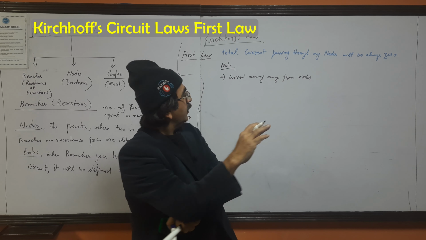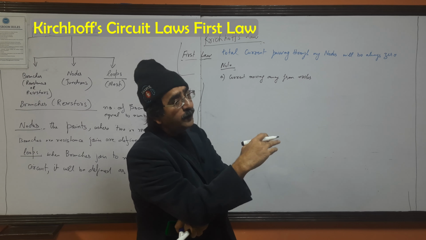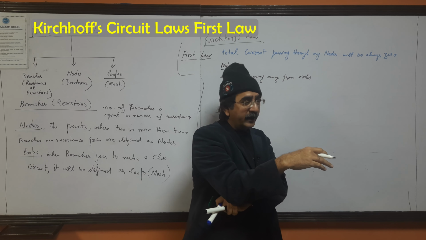One way is that we consider the current moving away from the node is positive, or one way we may take it as negative.